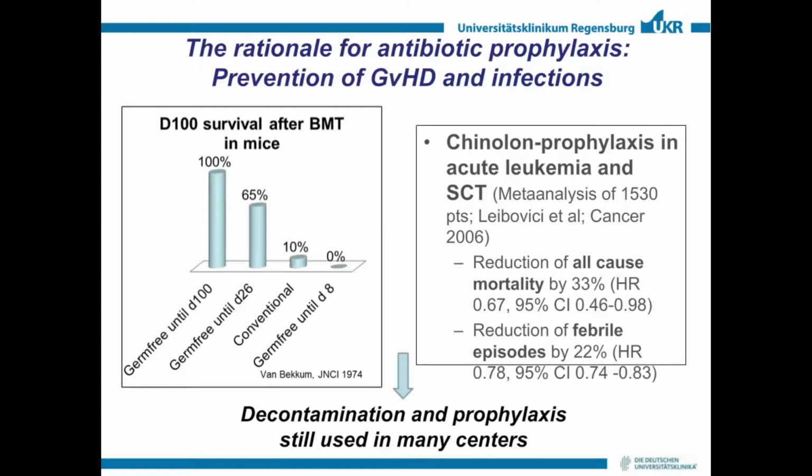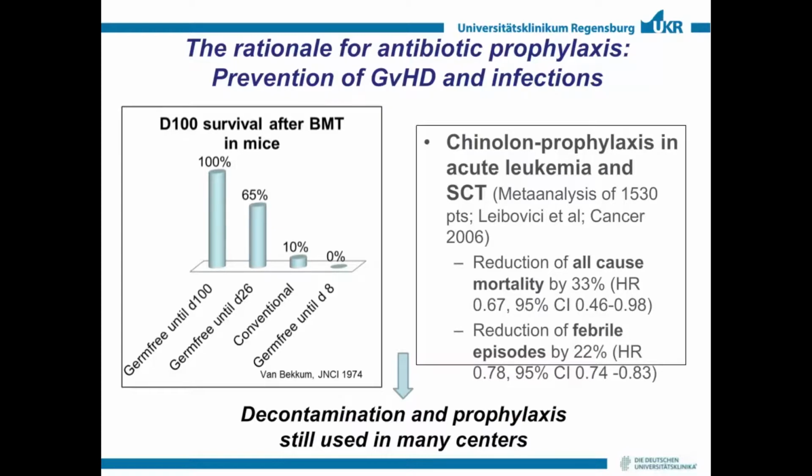You see 100% survival if mice are grown under germ-free conditions. If the mice are brought back to a conventional surrounding after being germ-free for only 8 days, almost all mice die from GVHD. And if it's intermediate, at day 26, you can see 1/3 of mice die from GVHD.